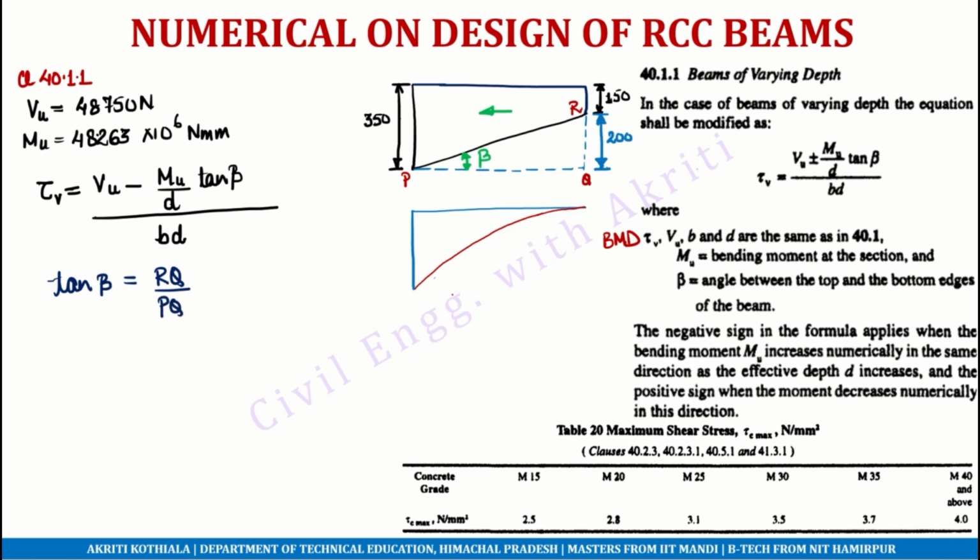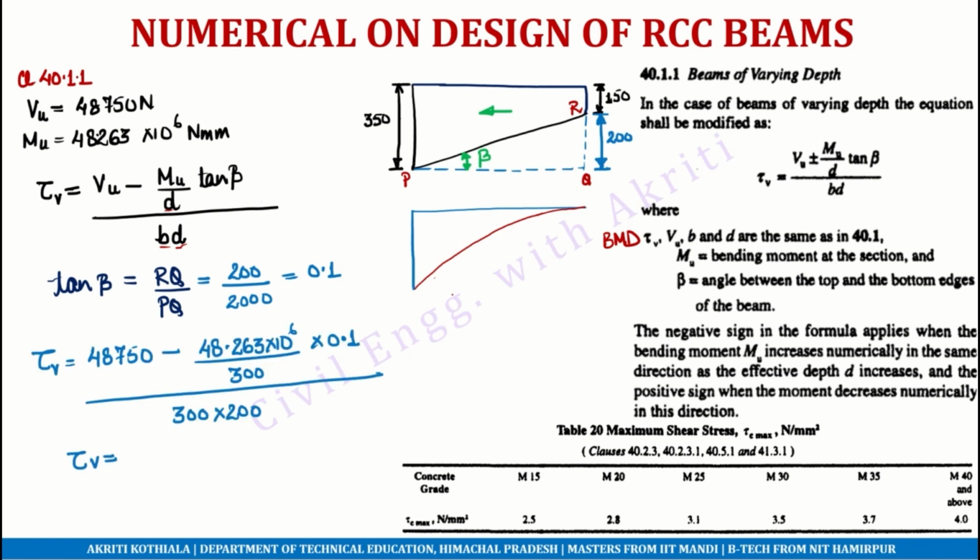So substituting the values, I get the value of tan beta is equal to 0.1. So Mu we know, Vu we know, d and b are also known to us. These are all at the fixed end, and again d will be at the fixed end. So substituting the values, tau v is equal to 0.544 Newton per millimeter square.